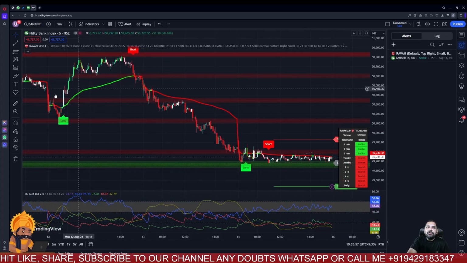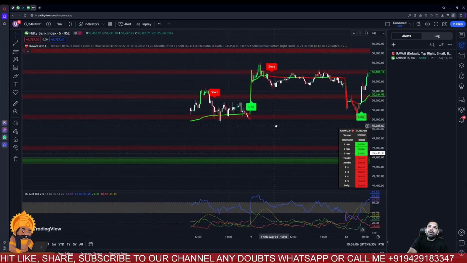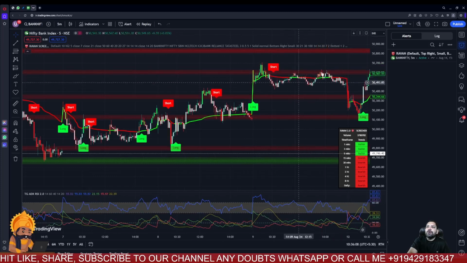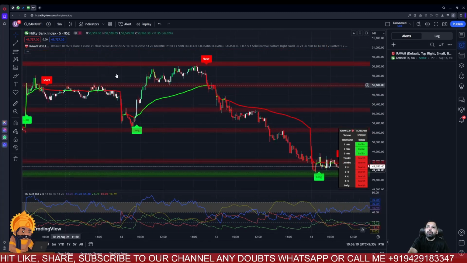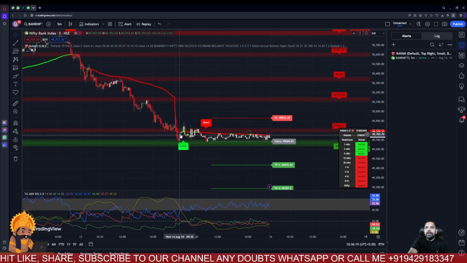So this feature generally people use for breakout and breakdown strategy. You can use that as well. And whenever the line is moving flat, it will mostly be a sideways market. You can see here the market is sideways, moving flat. It's moving upward, market is bullish. Moving down, market is bearish. Moving flat, market is sideways.